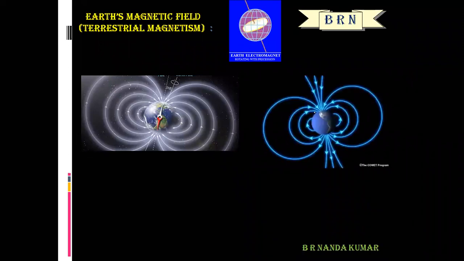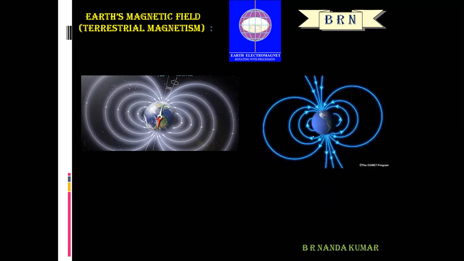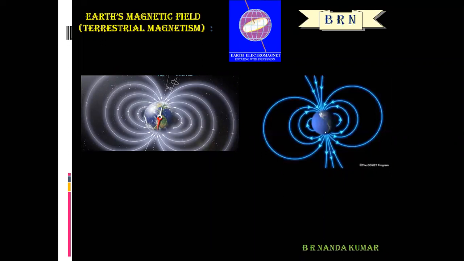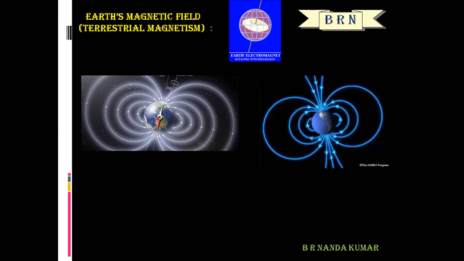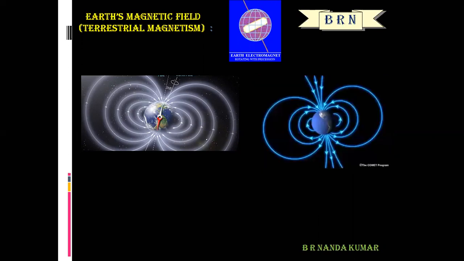Now look at this diagram. These are the magnetic field lines around a bar magnet, and these are the magnetic field lines around the earth. Magnetic field lines start from the north pole and terminate on the south pole. This one is the north pole, and this one is the south pole of the earth.